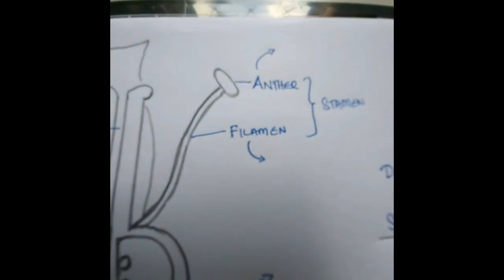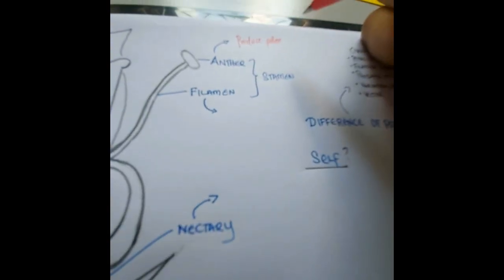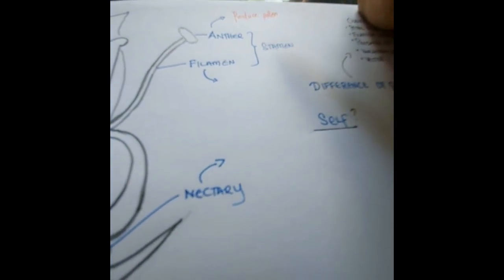Now let's look at the male part. The anther is the one that will produce pollen. This anther part is quite important because it will be very useful when it comes to the insect pollination part, which we'll discuss later.